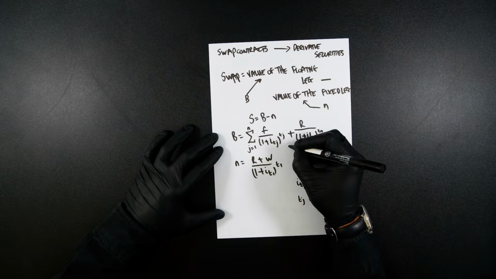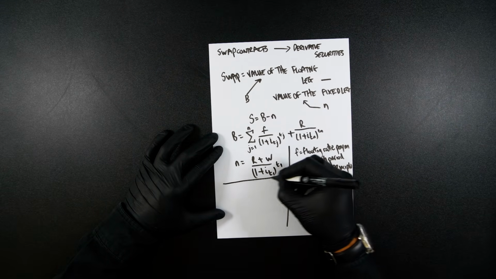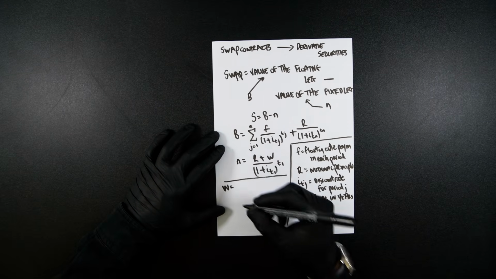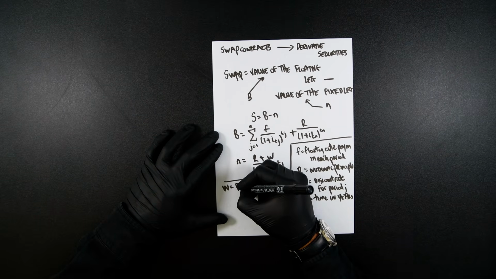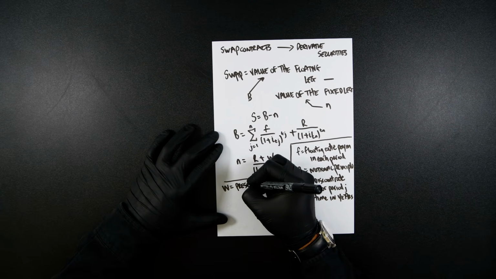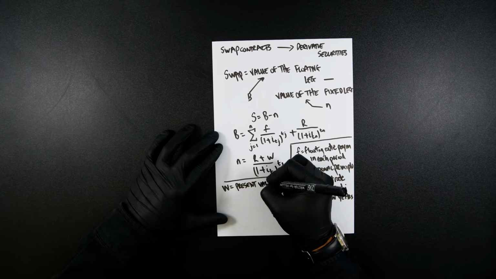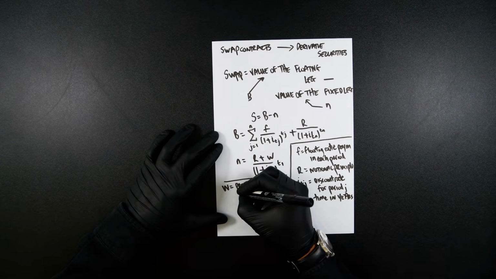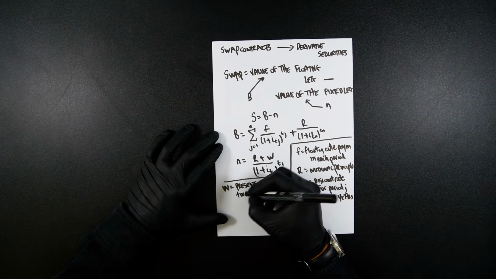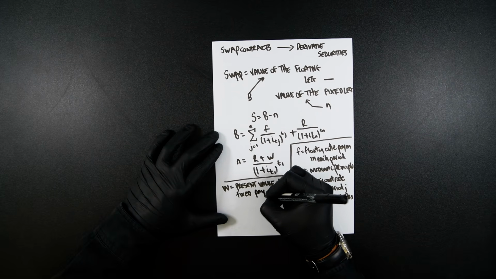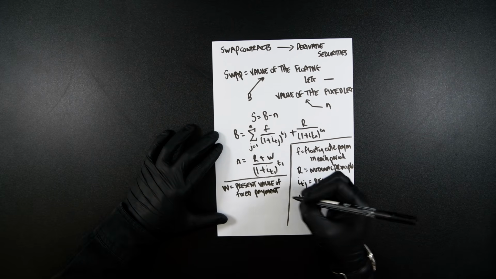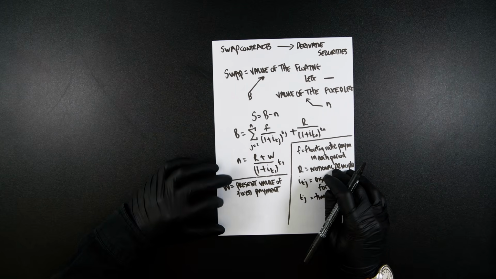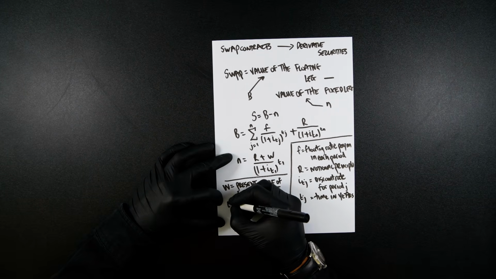Then let's break this all apart. We've got W, which is the present value of fixed payments. So we've got the notional, and then we need to know probably i.